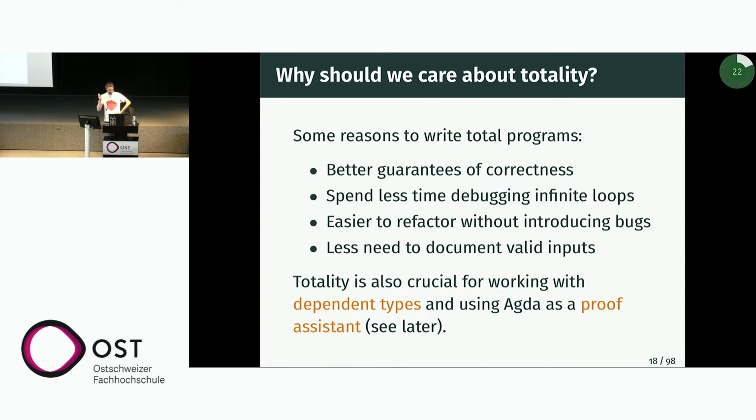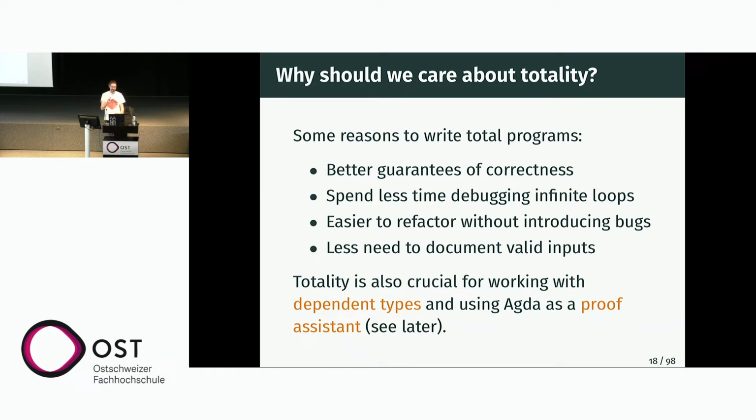Okay. So why is this nice? It's nice as a developer, knowing that your program doesn't contain missing cases and doesn't go into an infinite loop. It's also nice for refactoring your programs, because you're not accidentally missing one of the cases when you add a new constructor, for example.